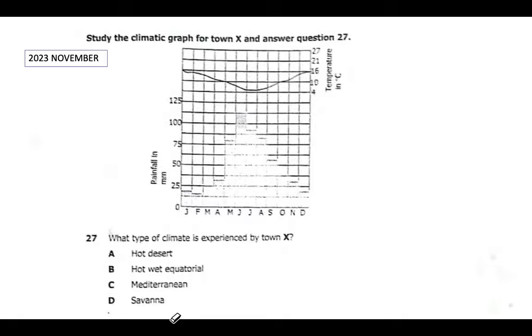Hot deserts range from 22 up to 30 somewhere there, and then drop to 27. Equatorial rainforest has temperatures ranging from 26 to 30, and then savanna and so forth. So the answer there is C. Review the graphs and understand this critically.